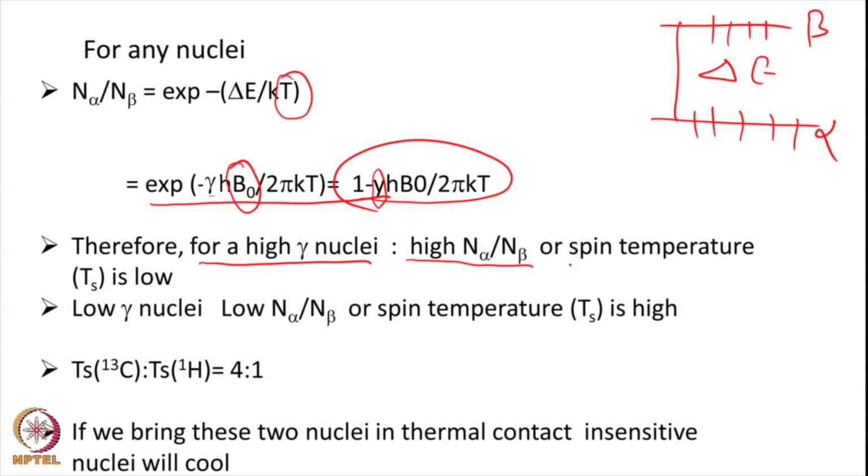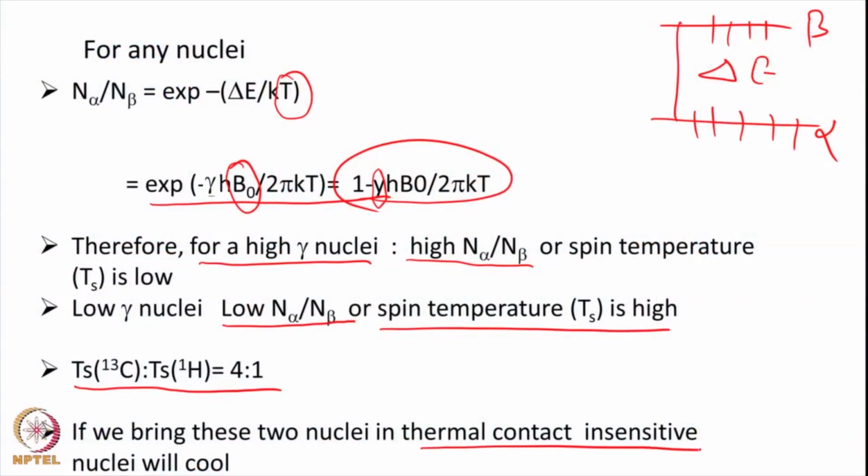Now, by a mechanism, suppose we bring these two spin baths together: the proton spin bath at low temperature, more sensitive, and the carbon spin bath at high temperature, less sensitive. Then the spin temperature will flow from carbon to proton, or we say polarization will flow from proton to carbon, and carbon sensitivity can be enhanced.